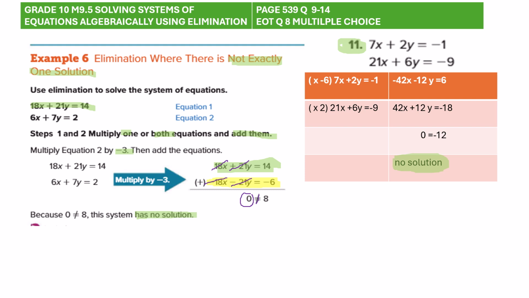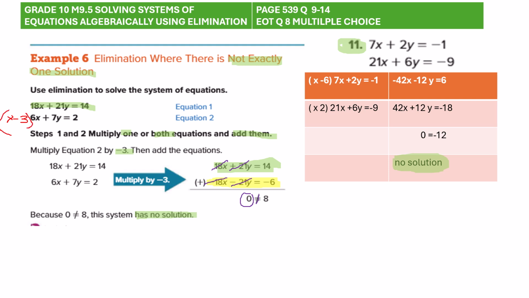You would leave equation 1 as it is, because the LCM for 6 and 18 is 18. So we can multiply the 6 by negative 3, and it would give us 18.